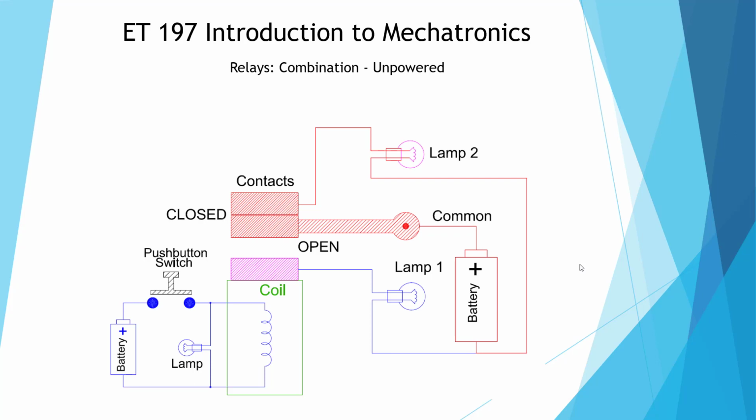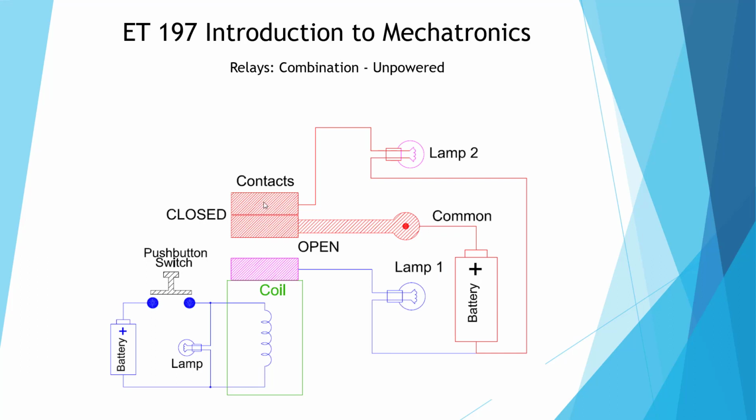Here I'm showing a combinational relay that has an open set of contacts and a closed set of contacts in the same box, essentially. And it is unpowered, so we have no magnetic field. We have the open set of contacts with no current flow. The lamp will be off.